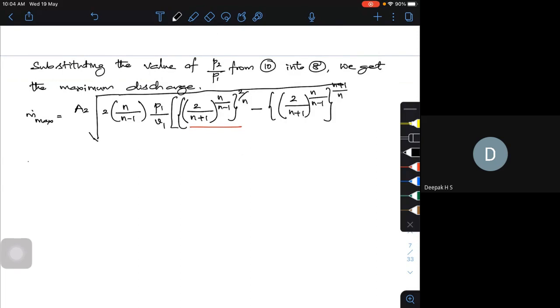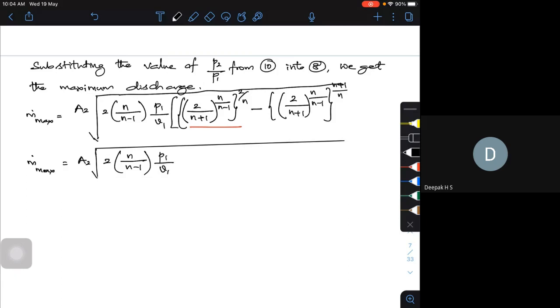So I can write the maximum mass flow rate as A2 into the square root of 2n/(n-1) into P1/V1, open the bracket, (2/(n+1))^(2/(n-1)) minus (2/(n+1))^((n+1)/(n-1)).